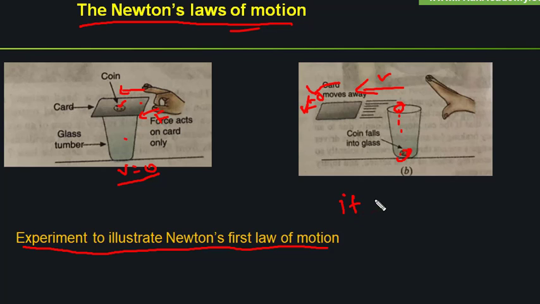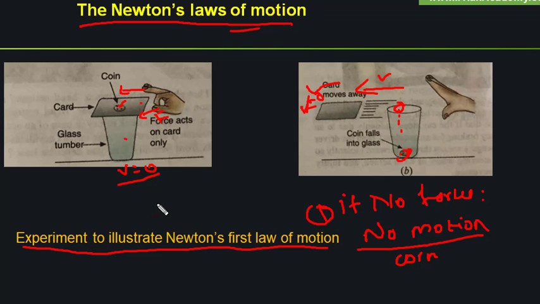If no force, then no motion. This is for the coin. And what is the second thing?